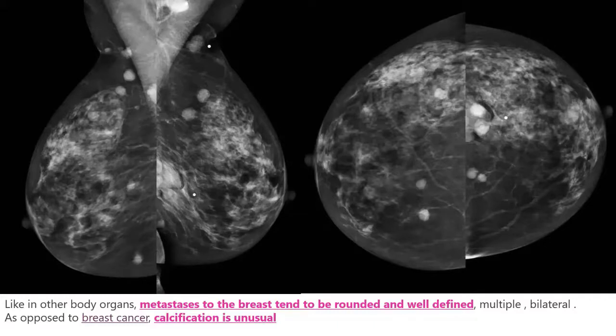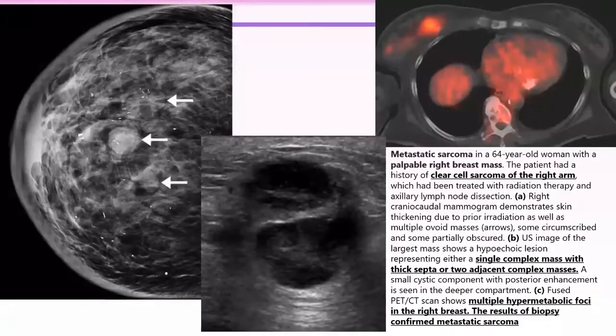This is the usual appearance, and this is again an example of breast metastasis from clear cell sarcoma of the right arm. Here, part of the lesion is circumscribed and partially obscured, associated with extensive edema, and seen as a complex lesion on ultrasound, with intense uptake of FDG in the PET scan.